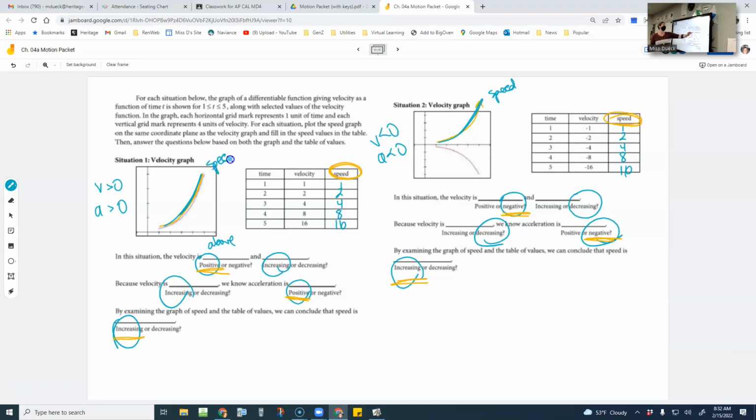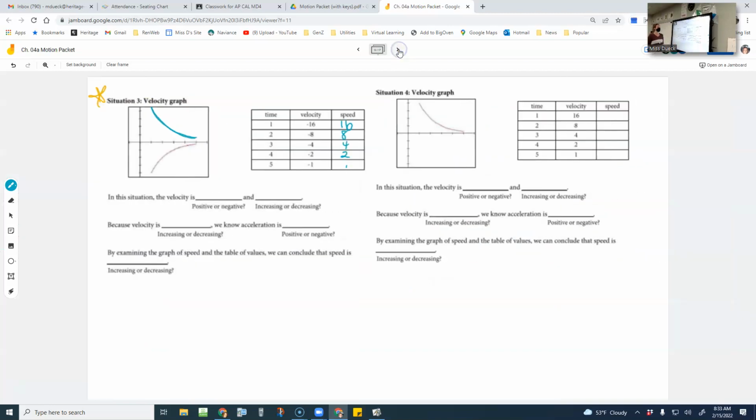Speeding up happened when velocity was positive and increasing. Speeding up was also happening when velocity was negative and decreasing, which sounds confusing, and yet, if I'm going to the left and I'm being pushed to the left, I am going to be sped up. But in this one, velocity is negative because all the values are negative in my table and chart.